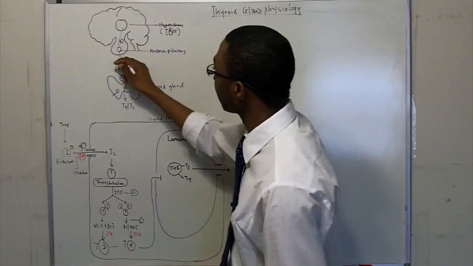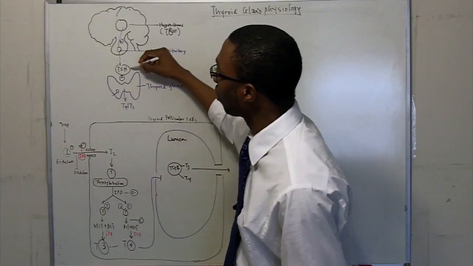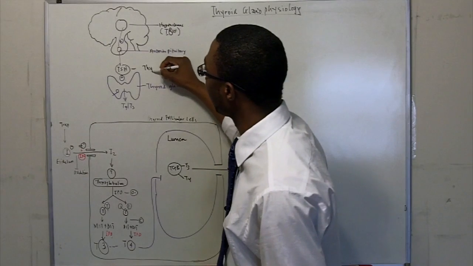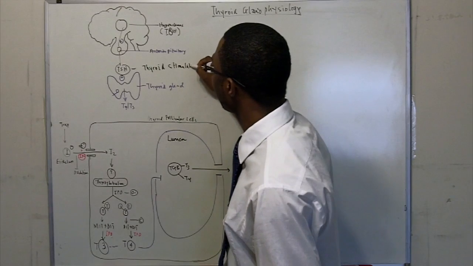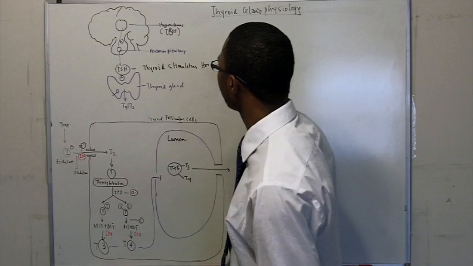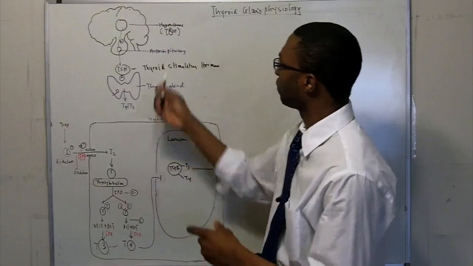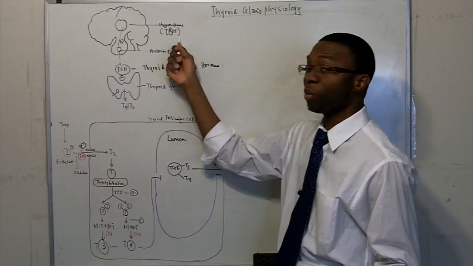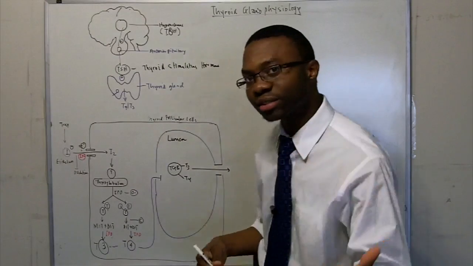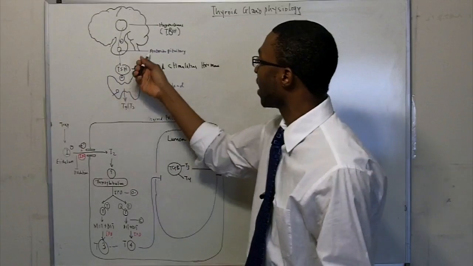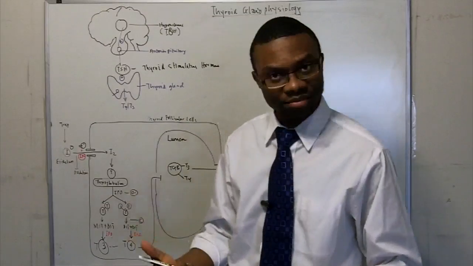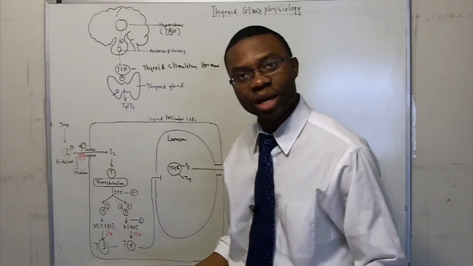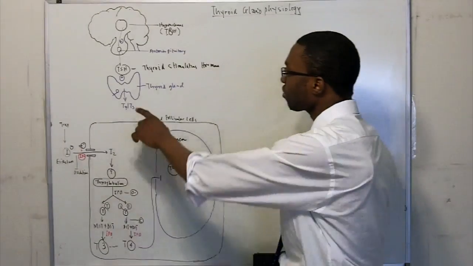What is that something going to be in the anterior pituitary? It's called the thyroid stimulating hormone. Now, wait a minute. If this is a thyroid releasing hormone, because we want to release something from the thyroid gland, this is a thyroid stimulating hormone, something's going to stimulate, like, wake up, we need to make something.